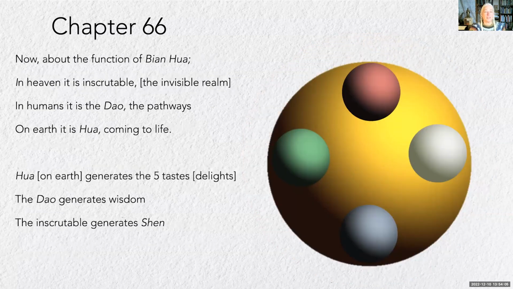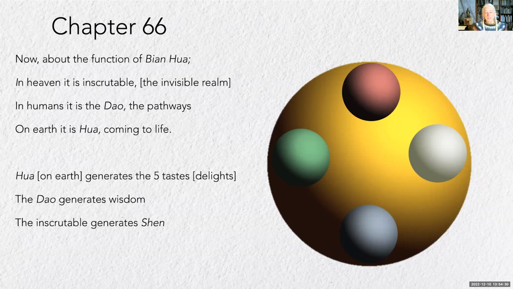Now about the function of bianhua in heaven, it's inscrutable, it's unknowable, it's the invisible realm. In humans, it's these pathways, and on earth, it's transformation, it's coming into life. Hua on earth generates the 5 tastes, or the 5 delights.